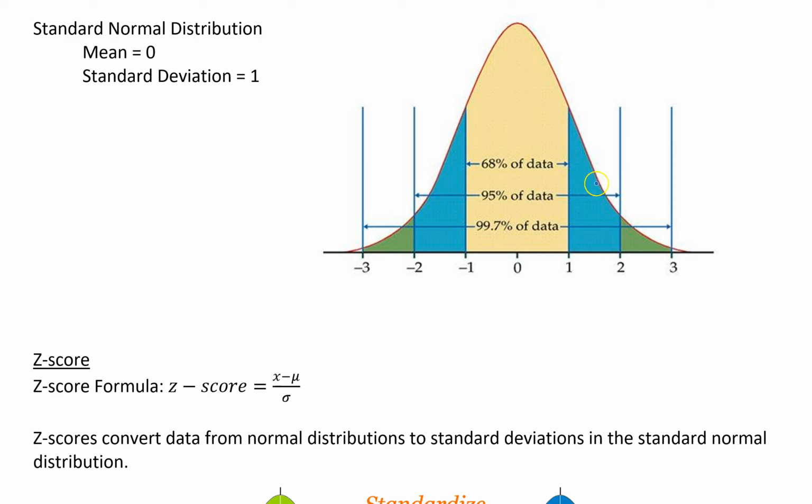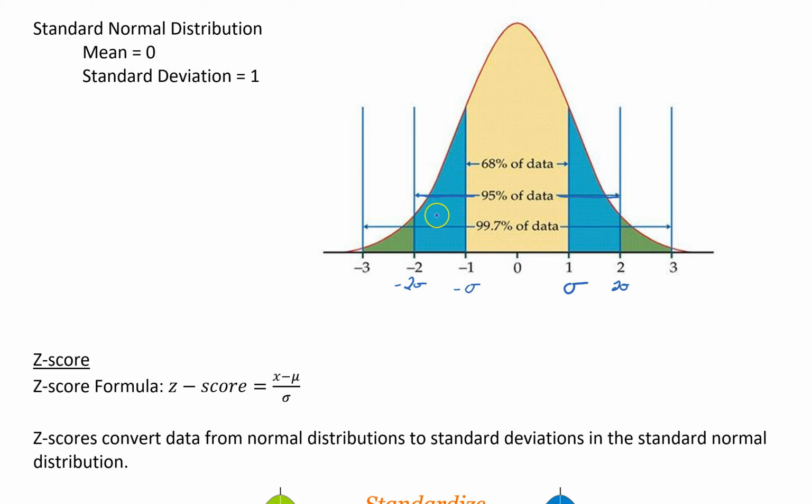And then one standard deviation above the mean and one standard deviation below the mean is where 68% of the data should fall. And then between the second standard deviation below the mean and above the mean, there's 95% of the data.